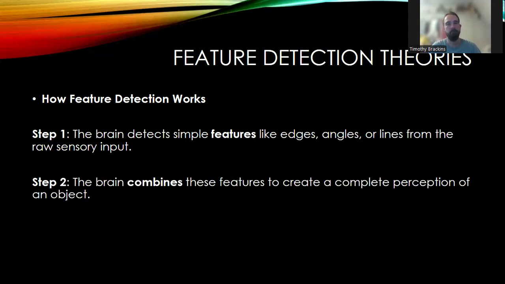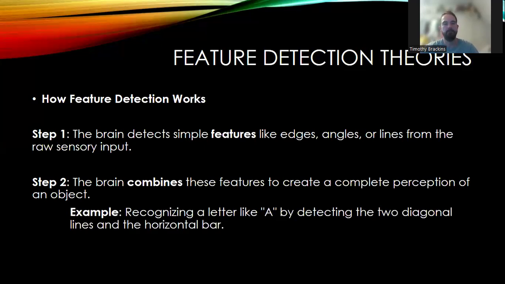It's then combining all of these basic features to create a complete perception of the object. So recognizing the letter A by detecting the features, the two diagonal lines and the horizontal bar. So it starts at the very bottom up and builds it up feature by feature.